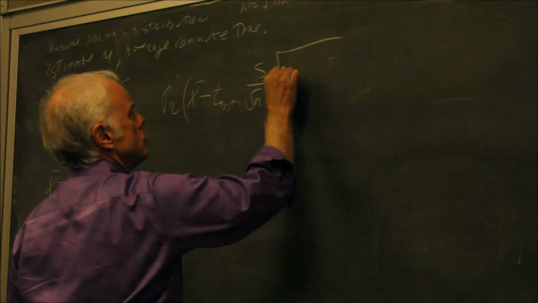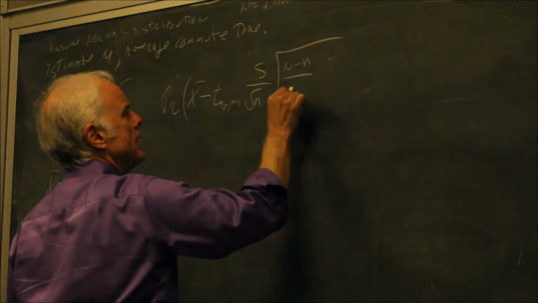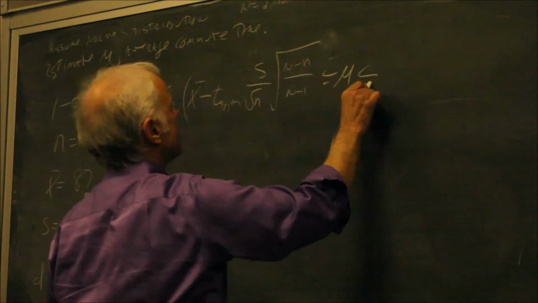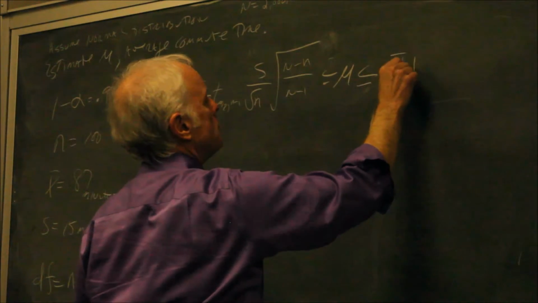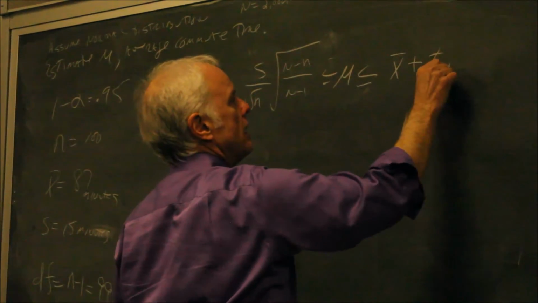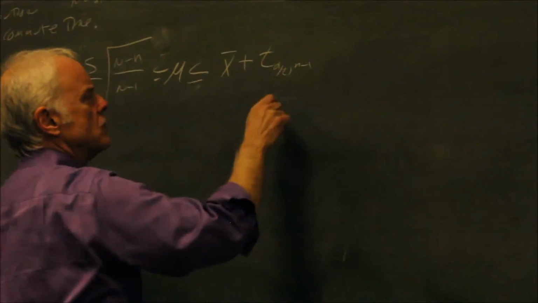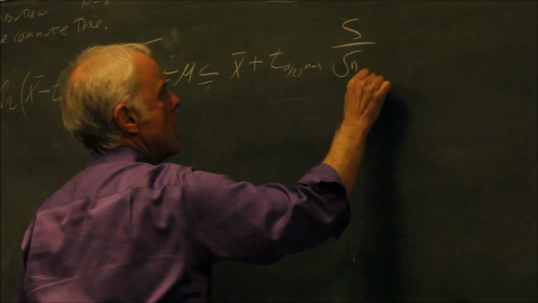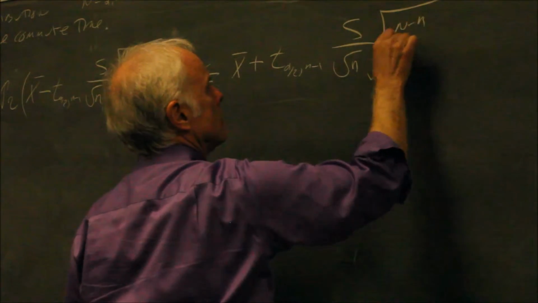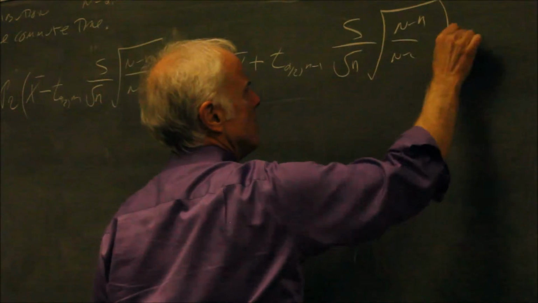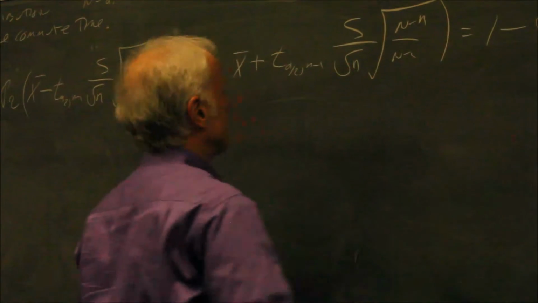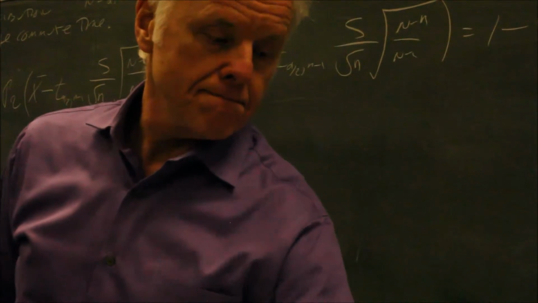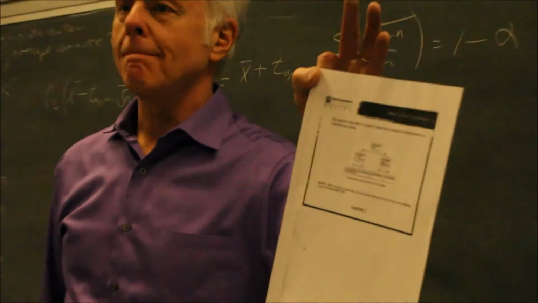So it's big N minus little n over big N minus 1, less than or equal to mu, less than or equal to x bar plus t alpha over 2, n minus 1, s divided by the square root of n times big N minus little n over big N minus 1, is equal to 1 minus alpha. We went through this and ended up in the T box, right? Yeah, okay, good.